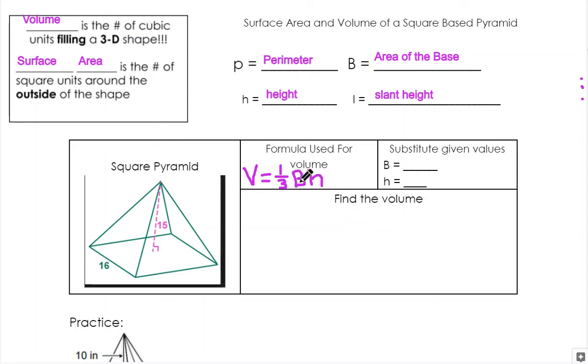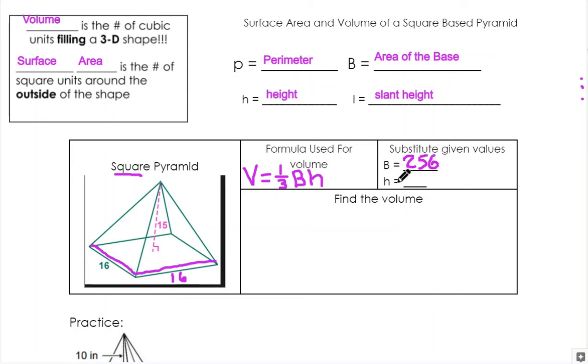To be able to use this formula, we have to figure out what B and H are. This is a square, so all of my sides are the same. If this is 16, I know this is 16. To find the area of a square, I do length times width, so 16 times 16, which gives me 256. So my B is 256.